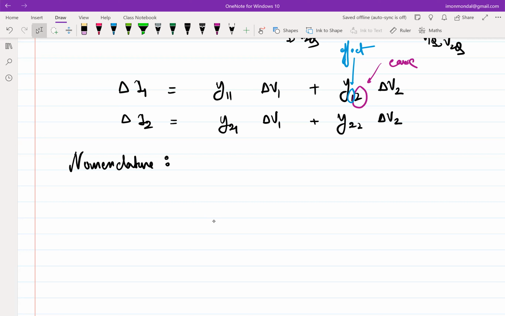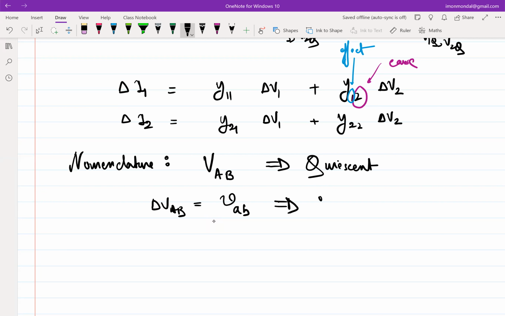If I have a voltage across two terminals A and B, I will denote it as capital V subscript capital AB. So this is quiescent. If I have to denote incremental, that is delta VAB, this is referred to as small v subscript small ab. So this is incremental.